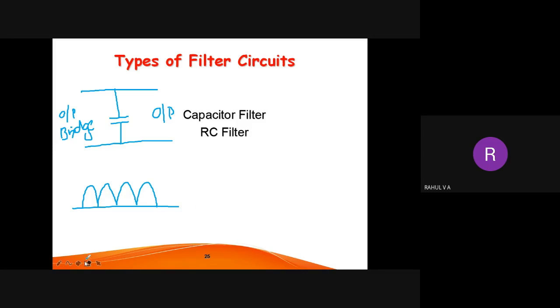Okay. Then again I will draw the same diagram. If that capacitor is not there, the output is like this. Now we have connected a capacitor. Initially, capacitor voltage is 0.